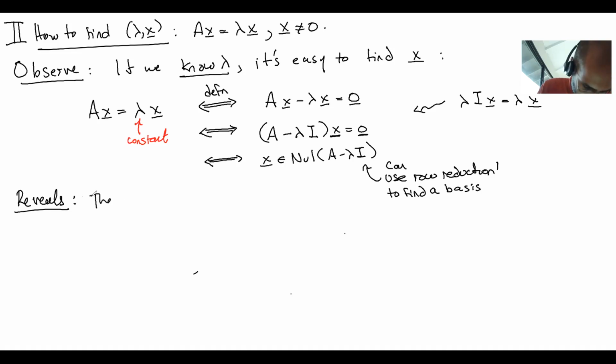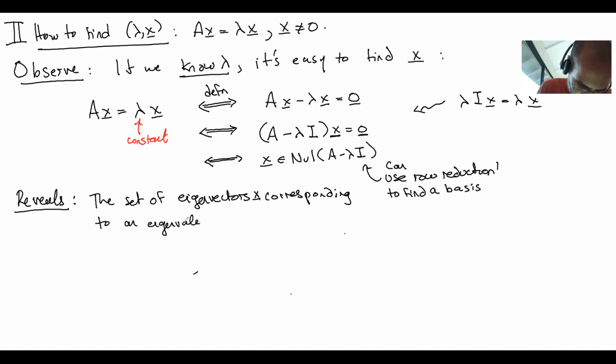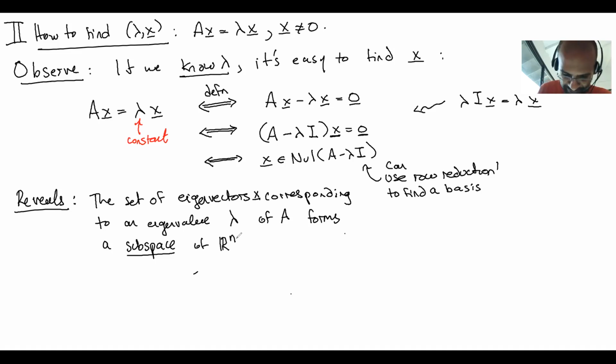So the set of eigenvectors x corresponding to an eigenvalue lambda of A forms a subspace of R^n because it's a null space, right?